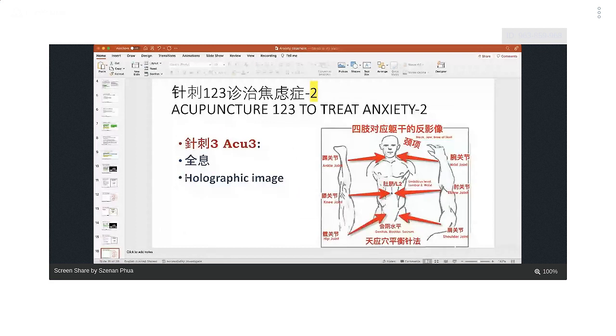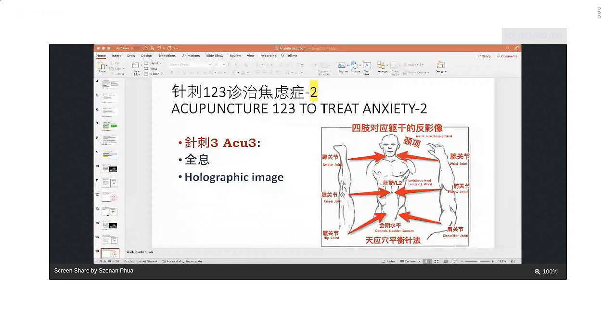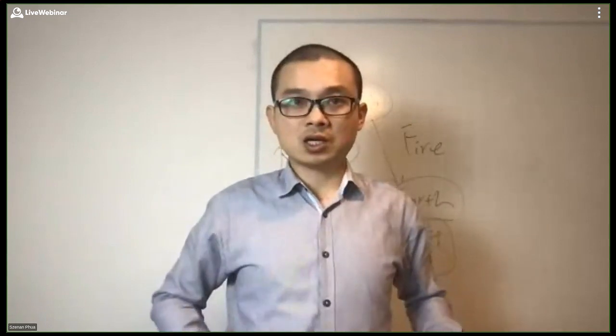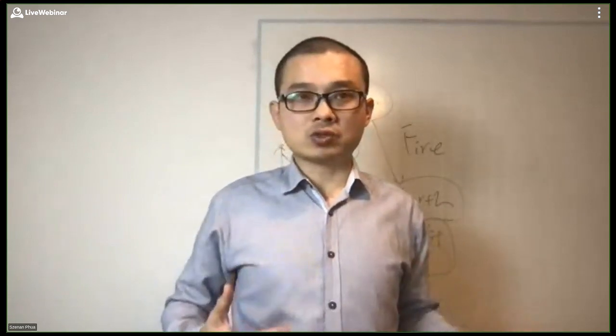Okay, holographic theory again. Again, when it comes to holographic theory, then we need to know where the small intestine and large intestine are in here. So some points need to be treated here. Okay, how do we choose? I show you in my class how we choose, but in here I'll just give you the answer.